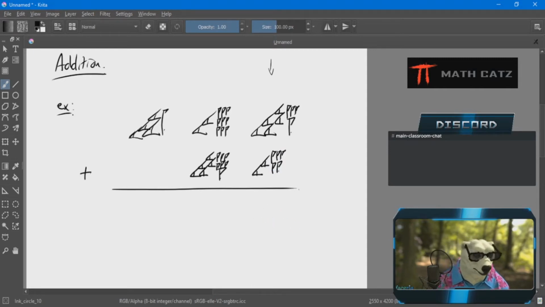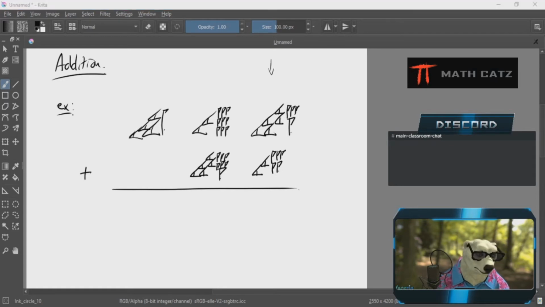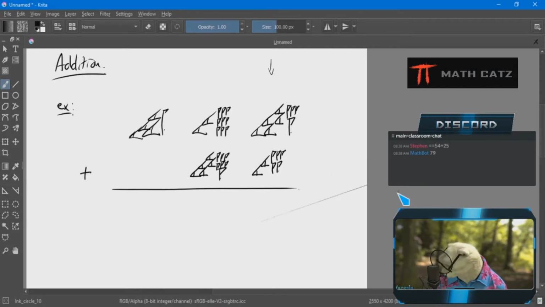But now I have the problem. So let me put 79 in the chat, so we have something to see, right? I could put it on my calculator, but I can't put it on the page. So I can sort of cheat a little bit. 54 plus, what did we say, 25? So at least now I can see it. That helps a lot.